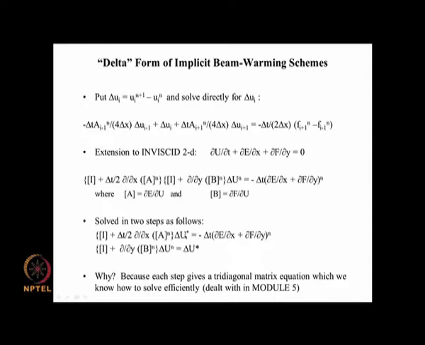Once we get Δu* here, we put it in and solve I plus ∂/∂y of B^n times Δu^n equal to Δu*. So, this is what is known as a kind of operator splitting. We will come back to this in module 5.